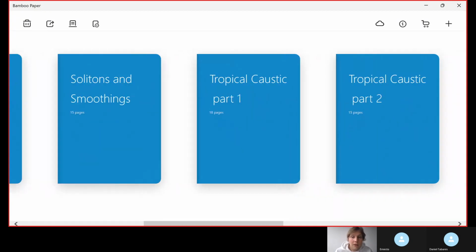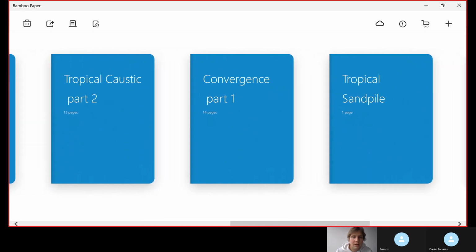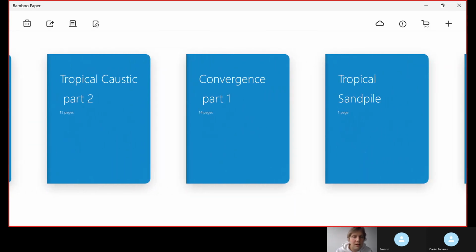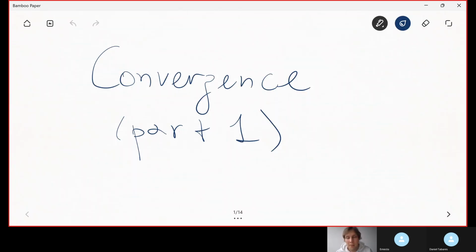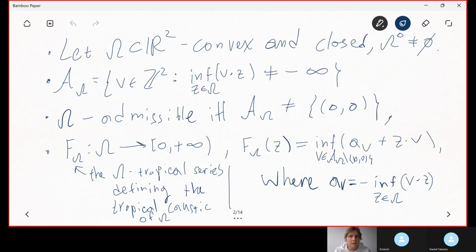Okay, so it's the sixth talk where we'll be discussing convergence of a perturbation by a single grain. So let me recall. We are dealing with a convex closed subset Omega of R^2 with non-empty interior, and A_Omega is the set of tropical monomials which have non-infinite infimum.